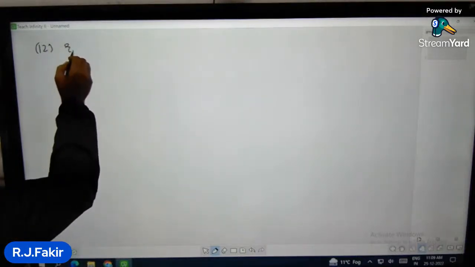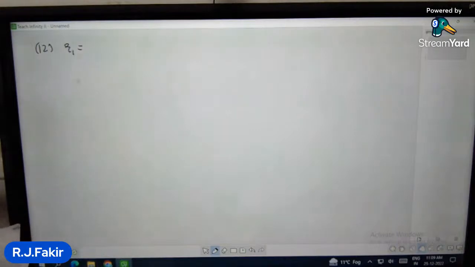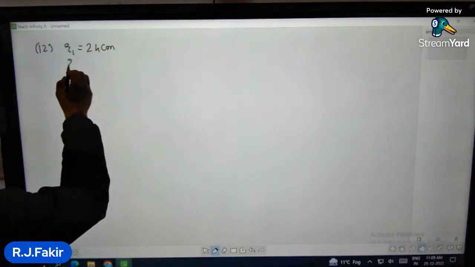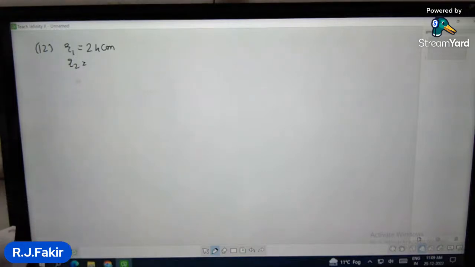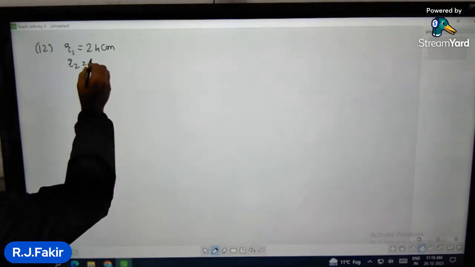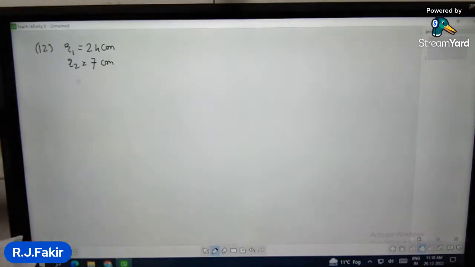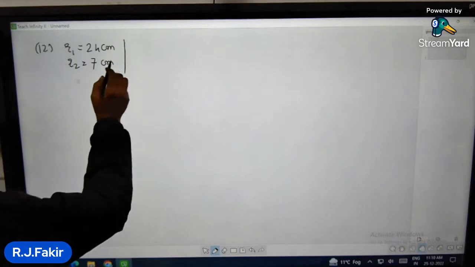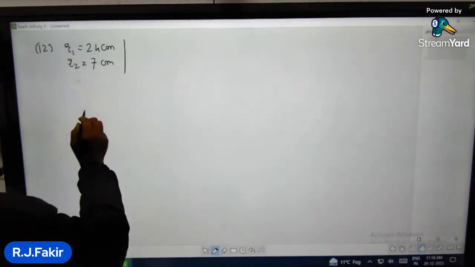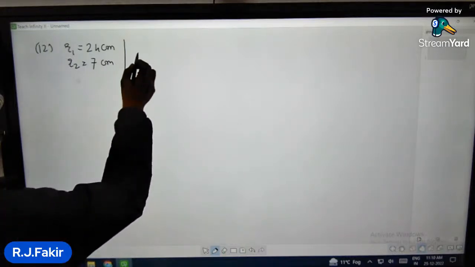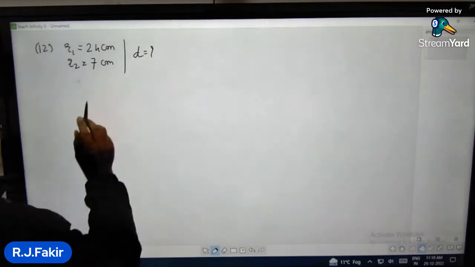That means there are two circles, one having a radius r1, that is 24 centimeter, and another having a radius r2, which is 7 centimeter. The third circle is a bigger circle having area equal to the areas of these two. And we have to find the diameter for that bigger circle.